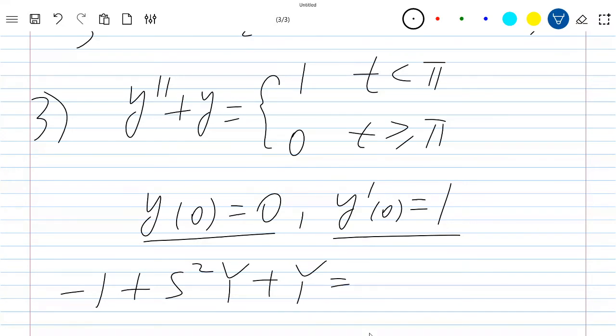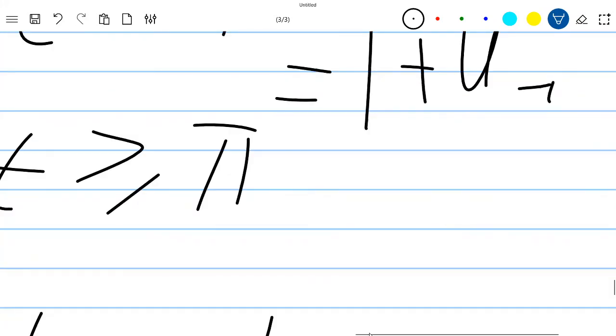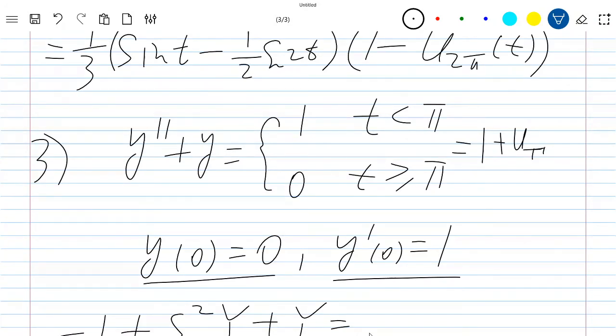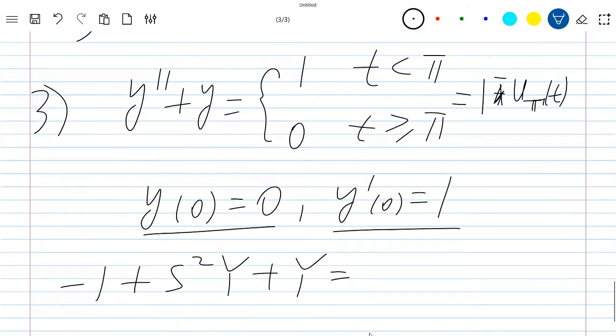And what's the right hand side? You start with 1, then you have a u pi of t, but the change is -1, so this is minus. Alright, so then you do the transform, you get 1 over s minus e to the negative pi s times 1, right?